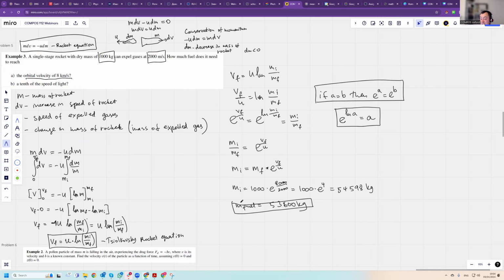That's why the rockets are so big, right? Because most of the rocket is fuel. What if you want to travel at a tenth of the speed of light?